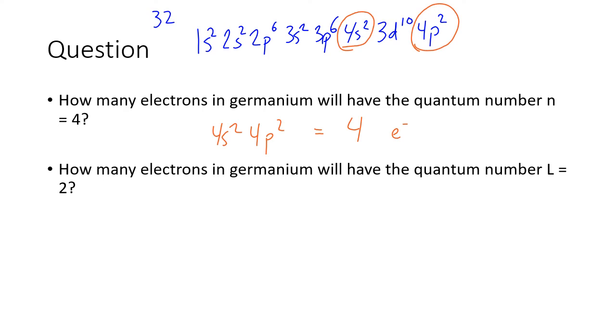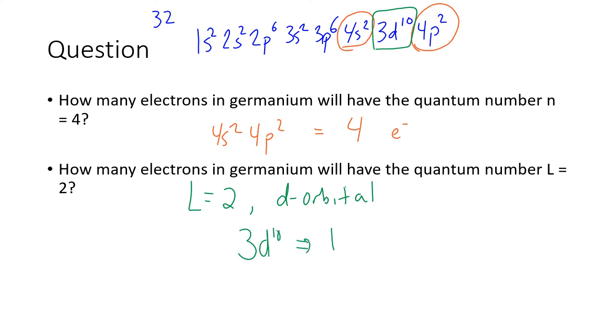The second question, which is a separate question, says how many electrons in germanium will have the quantum number l equals 2. For l equals 2, the first thing we need to think about is that l equals 2 is a d orbital. So if I look at this, the only d orbital here is the 3d10. And so that would be 10 electrons having the quantum number l equals 2.